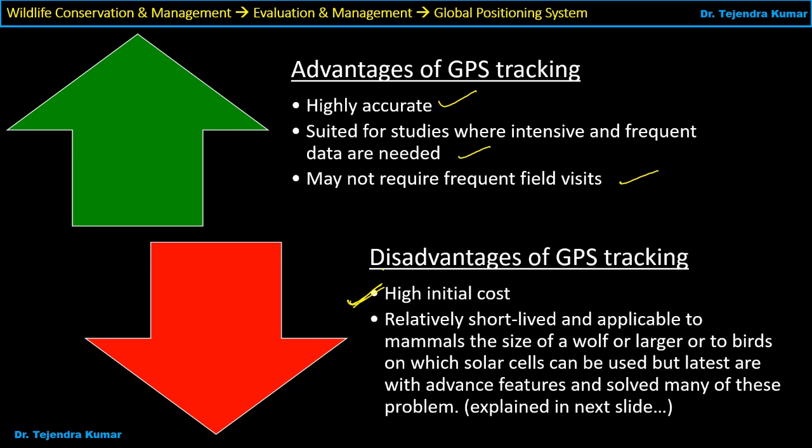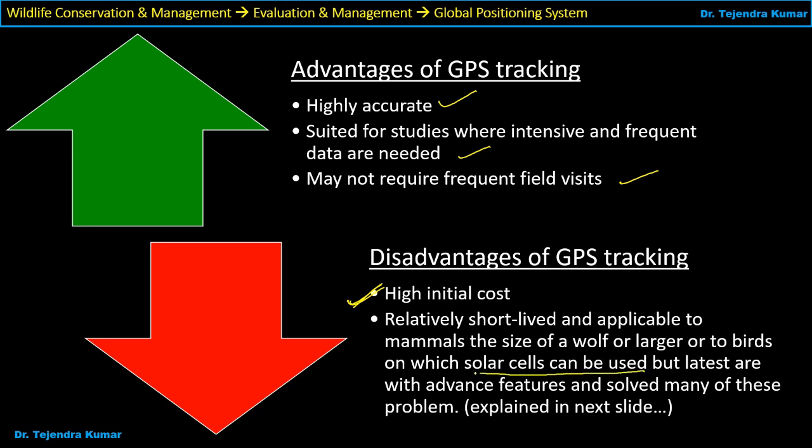But afterwards, it is very convenient and cost effective. Also, it was relatively short lived and applicable only to mammals the size of a wolf or larger, or to birds on which solar cells can be used.